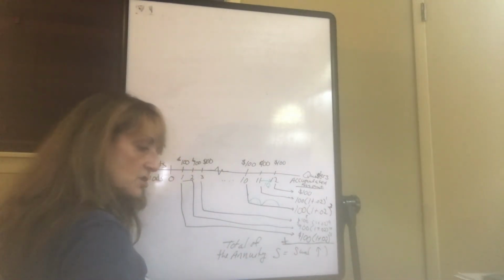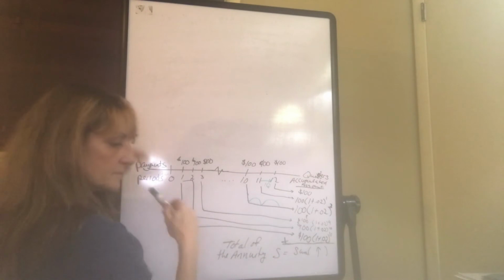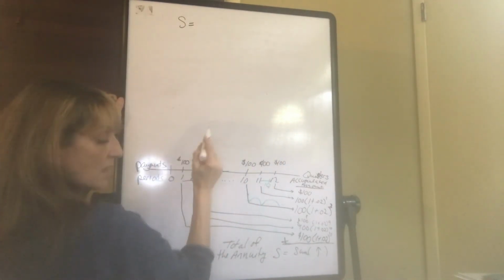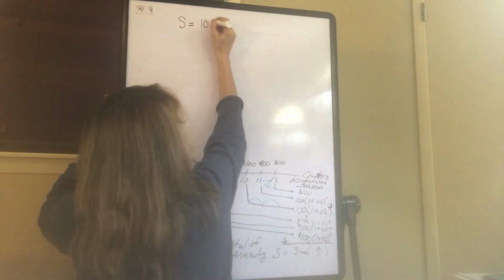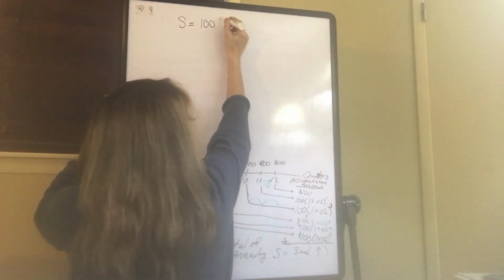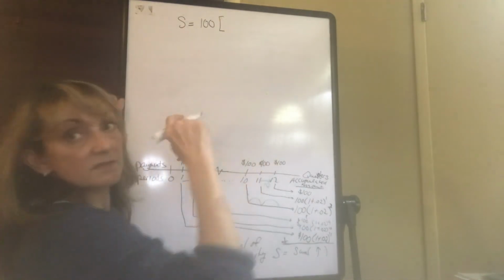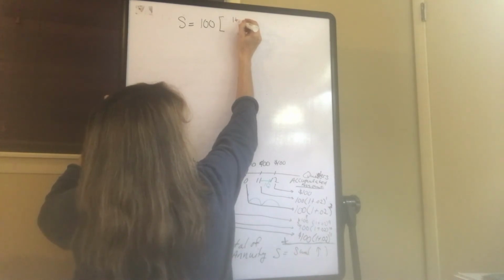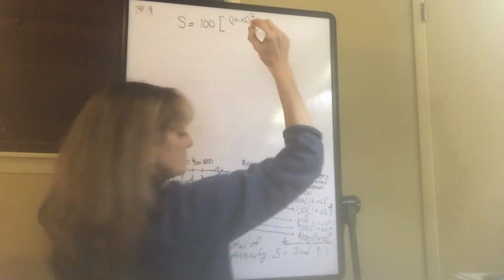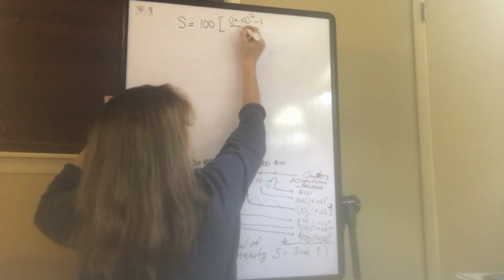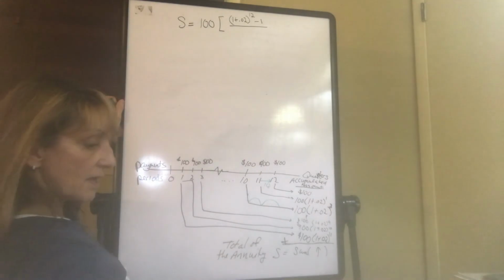Okay. So what we can say is that that sum would have been $100 times, I'm going to put big square brackets because it's a little complicated, 1 plus 0.02 raised to the 12th minus 1, and the minus 1 is not on the exponent, okay, divided by 0.02.